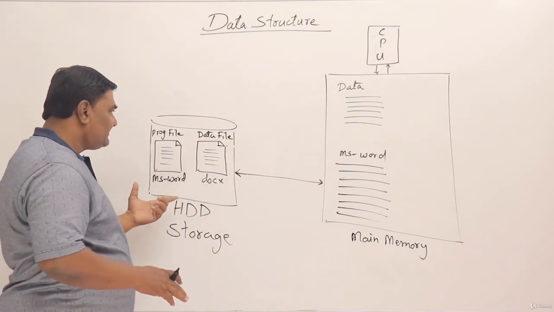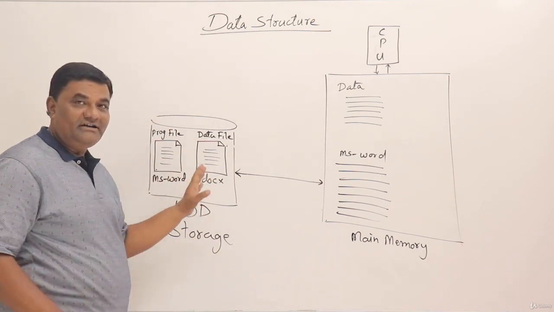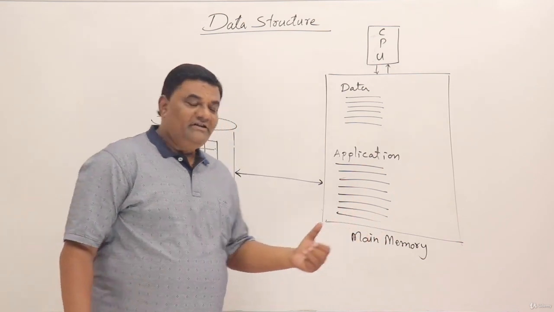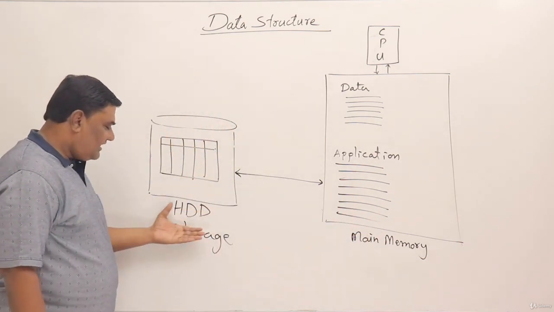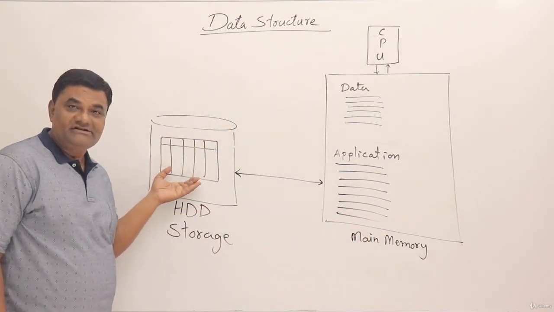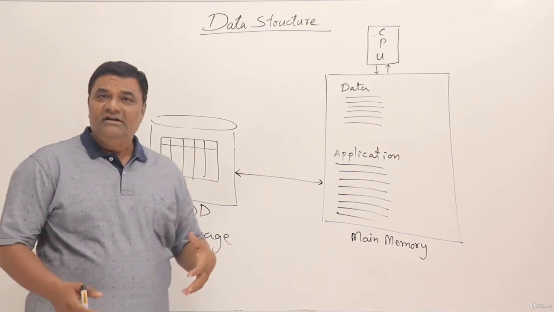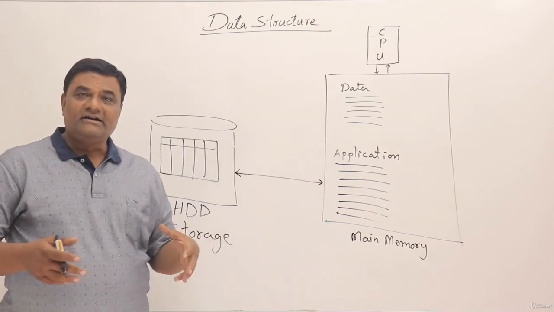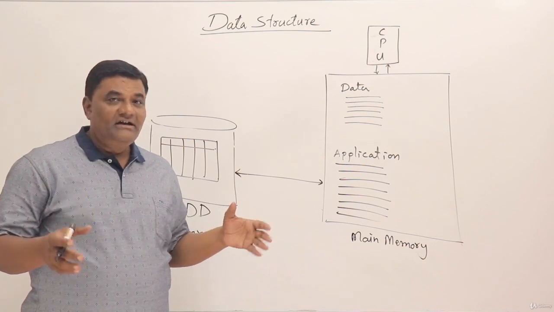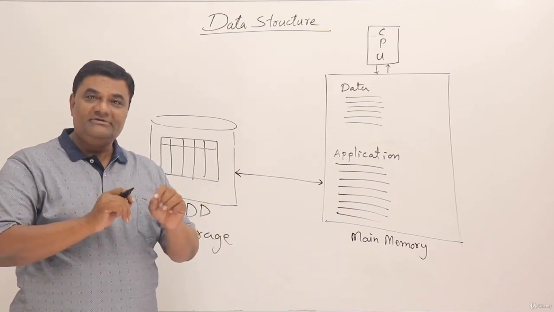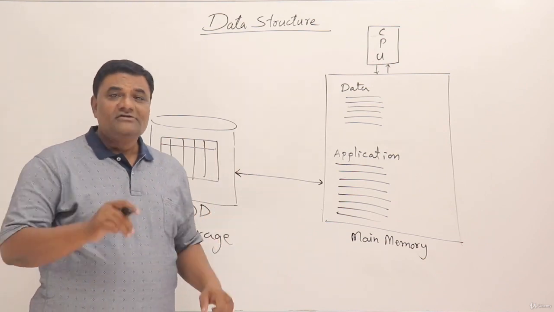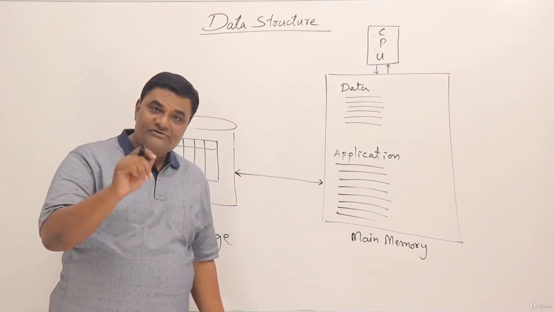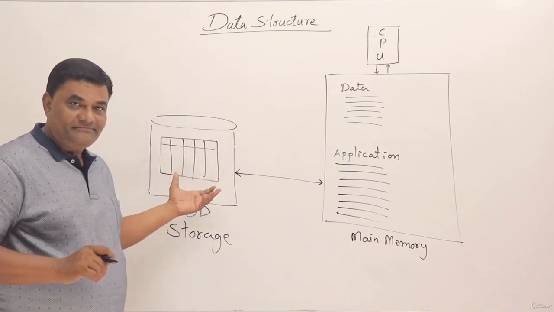So I'll just remove this and show you a relational table that is kept on the disk. Now you can see here that on the hard disk, this is a database table. I am showing only one table. There may be many tables. Data may be spread across various database tables and it is organized in the form of tables, and the tables are having relationship between them. So mostly commercial data is stored in the form of database tables.